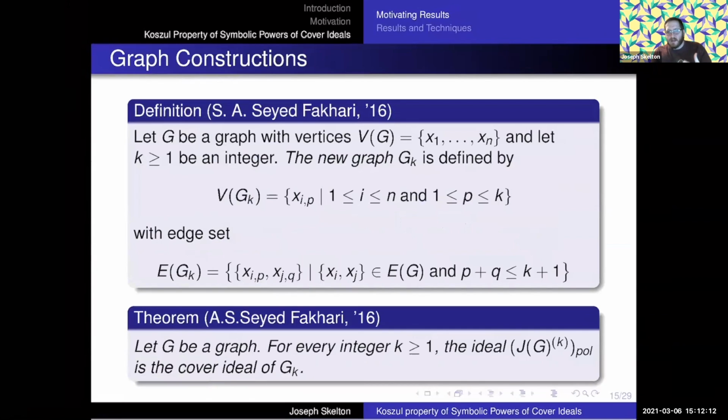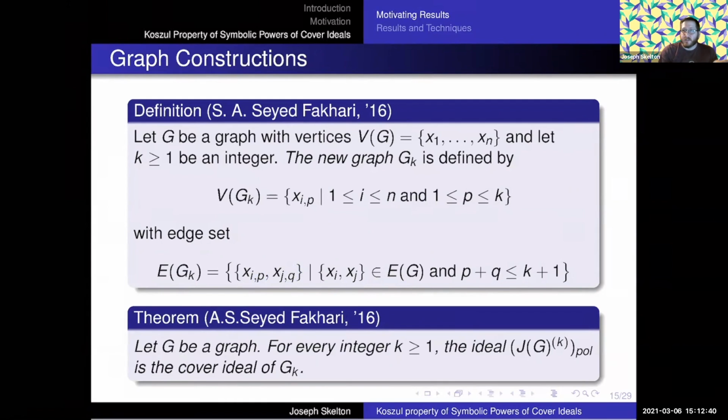And these are powered by a couple of constructions. In 2016, Francisco introduced the graph G_k, which you construct by taking your original graph, copying each vertex k times, and then adding edges so that the second indices you introduce, a P and a Q, satisfy that P plus Q is at most k plus 1.